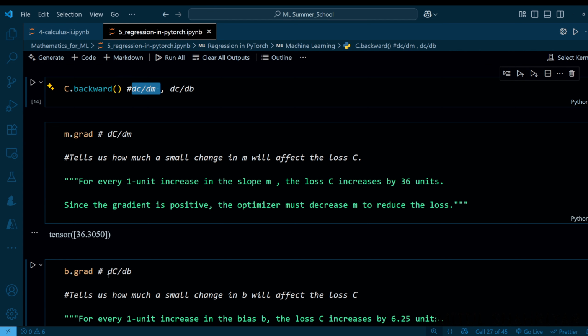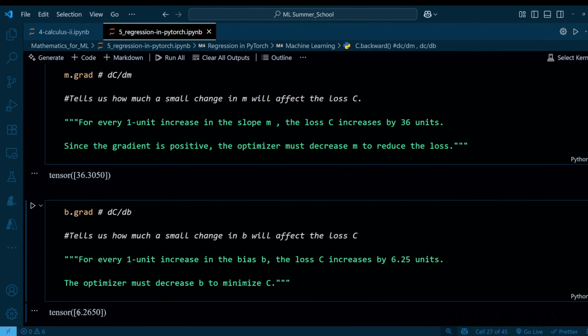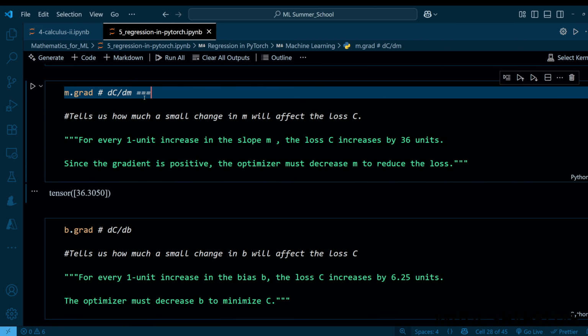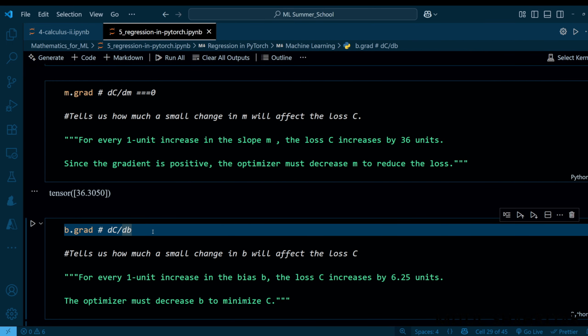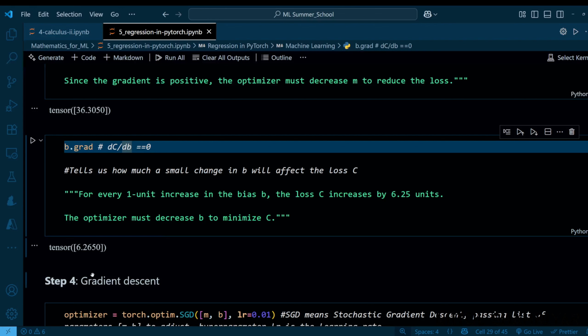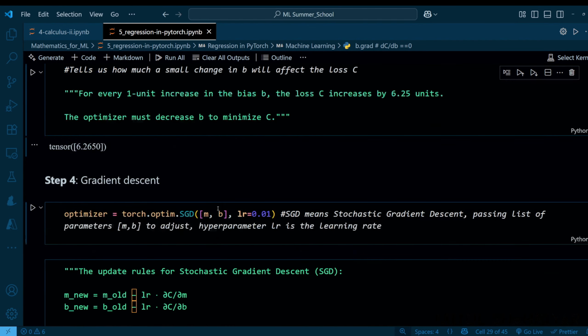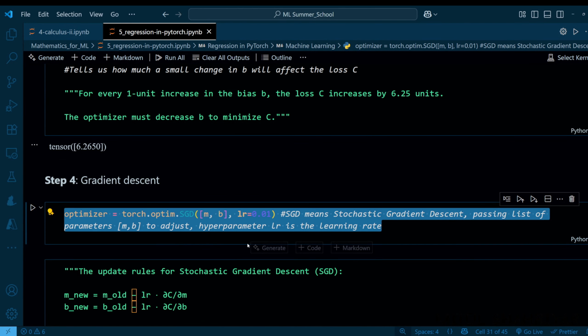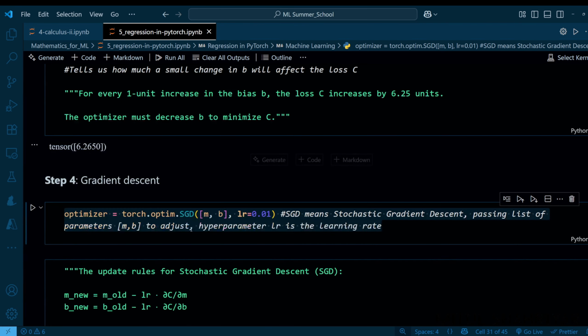Again, for b dot grad we get something like 6.2650. But we want to get the value as close to 0 as possible, for dc by db and dc by dm. So this process should be continued for a long period of time.